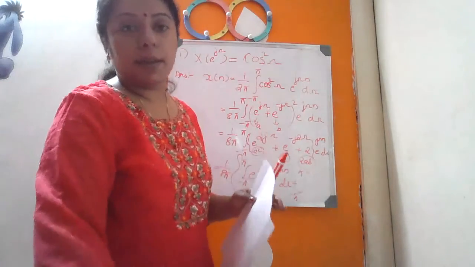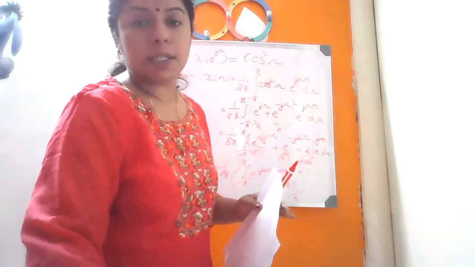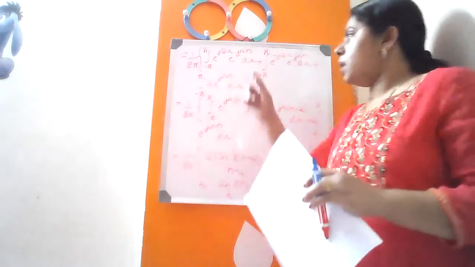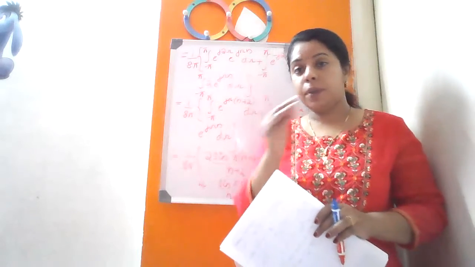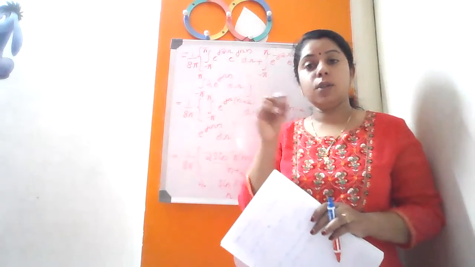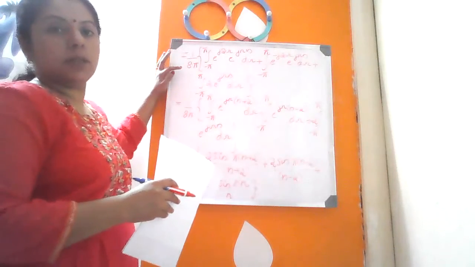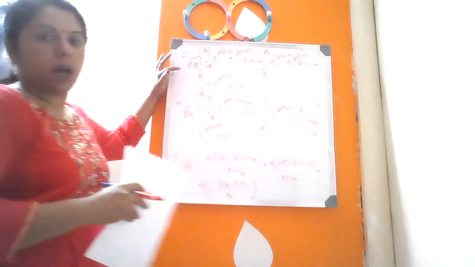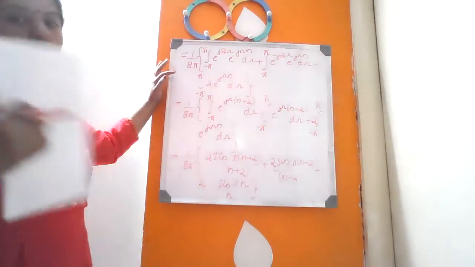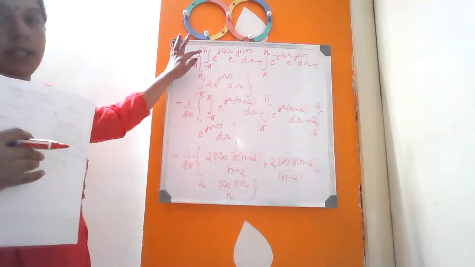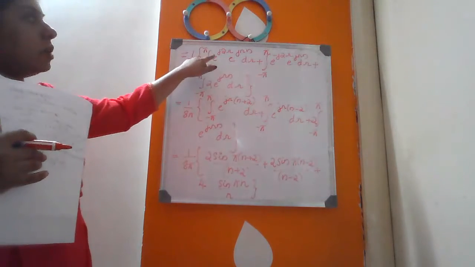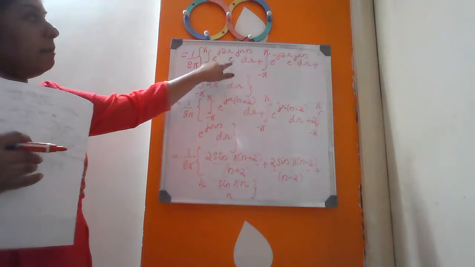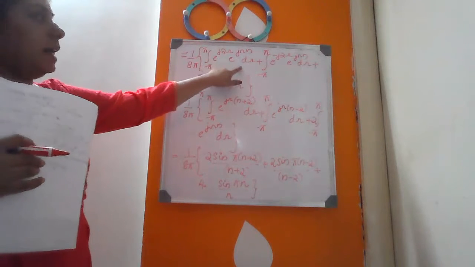Let me expand it and write. As I said, we are going to split the integral into three integrals, with 1 by 8 pi taken outside. The first integral is from minus pi to plus pi of e power j2 omega multiplied by e power j omega n d omega.